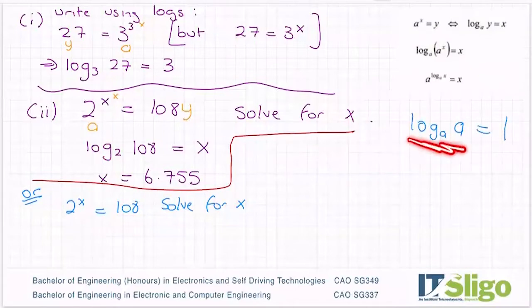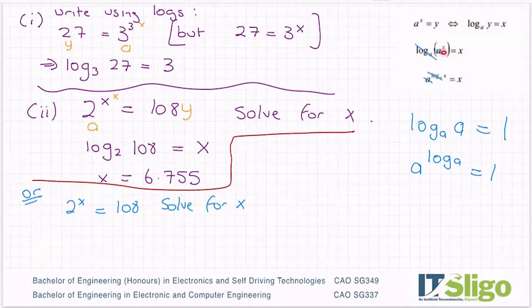The log of itself is 1. And in the same way, a to the power of log a is 1. So these end up cancelling each other out, and that's how you have your answer being equal to x.